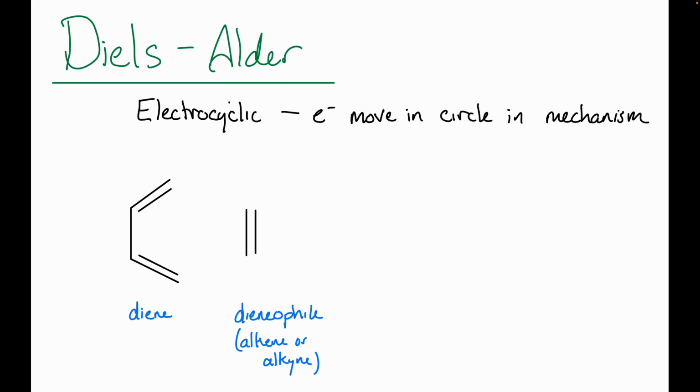All right, and in this reaction, the mechanism here, our electrons move in a circle. All right, there's this circular flow of electrons. All right, this creates a 6-membered ring.